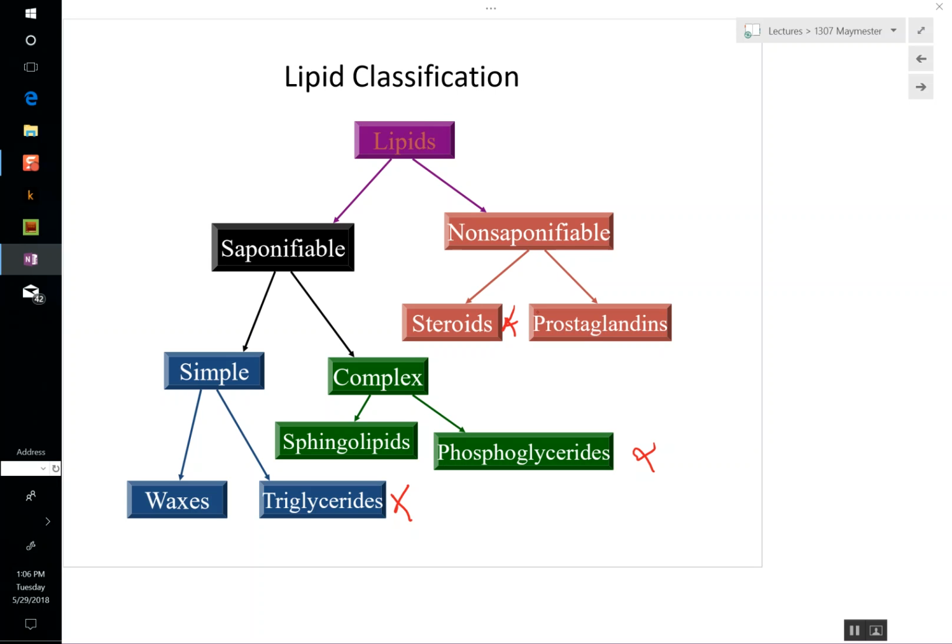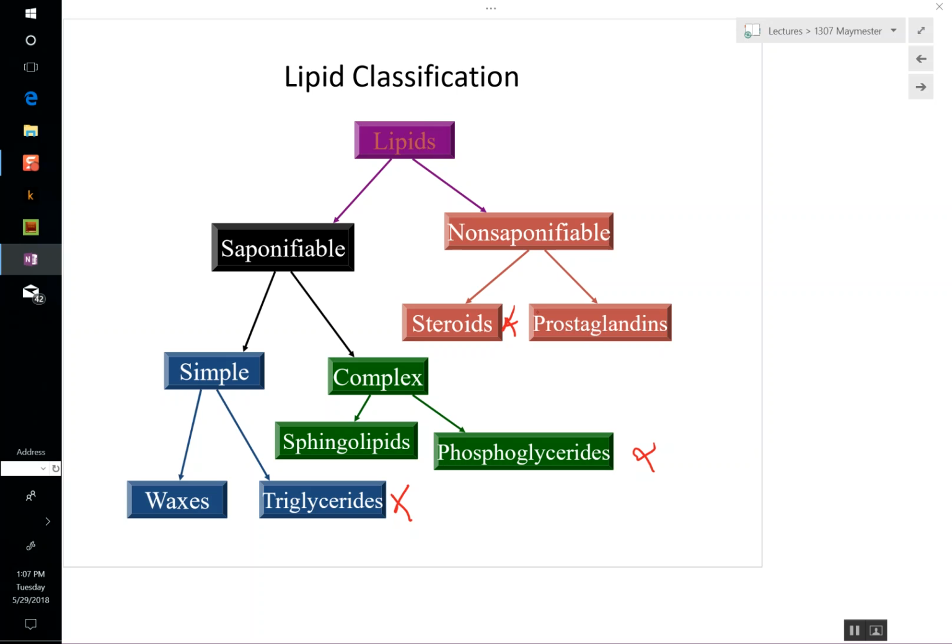Did I spell that right? You can see glyceride in both of these names. They're both getting that glyceride name from glycerol. There are 2 fatty acids. There's a lot of similarity between triglycerides and phosphoglycerides. And then there is a phosphate group, with something on it.